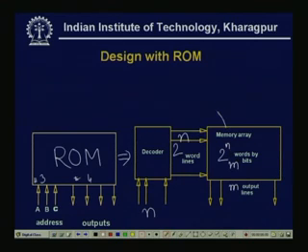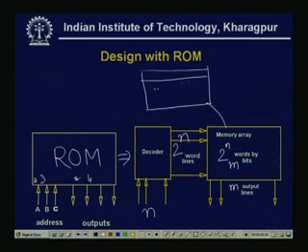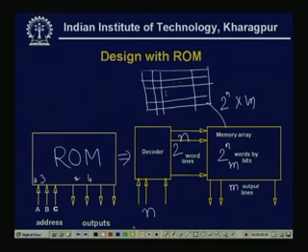So, if we see, actually here there are 2 to the power n by m, that many number of words there.